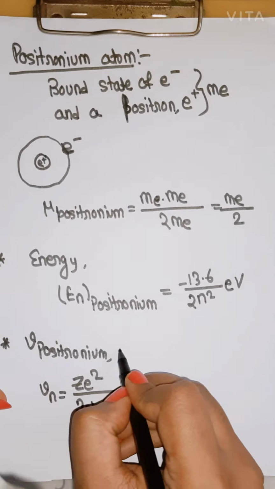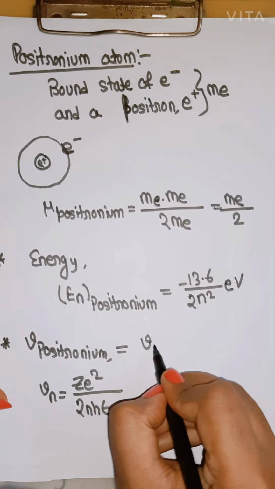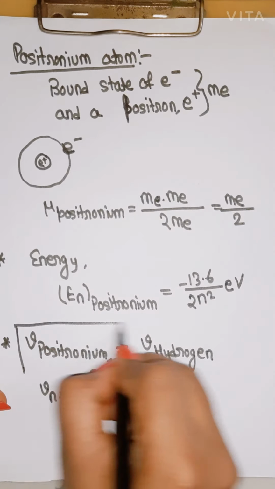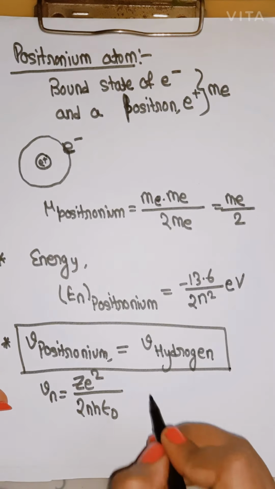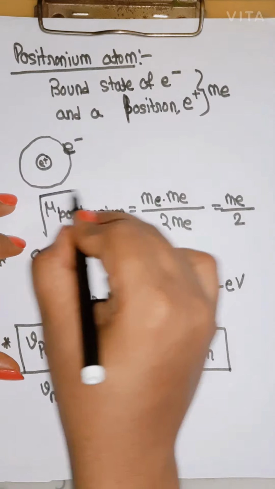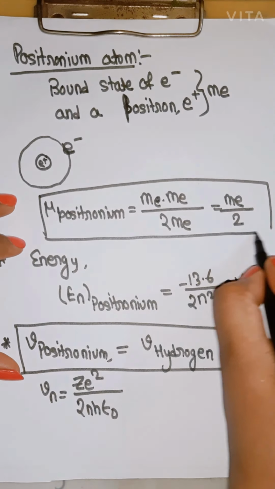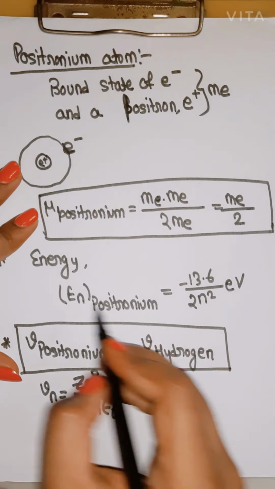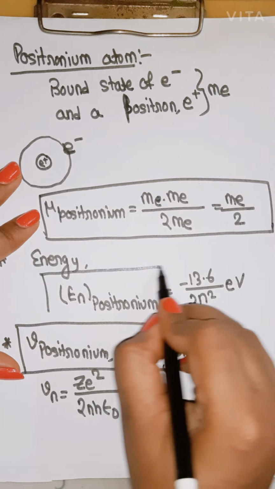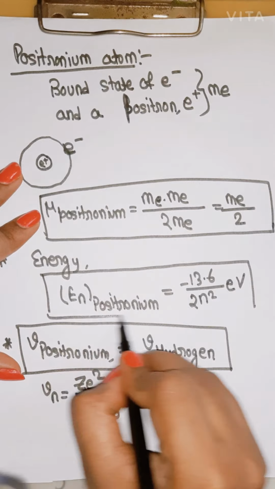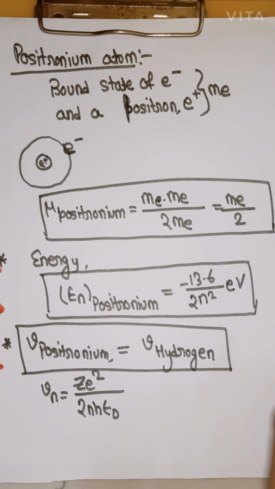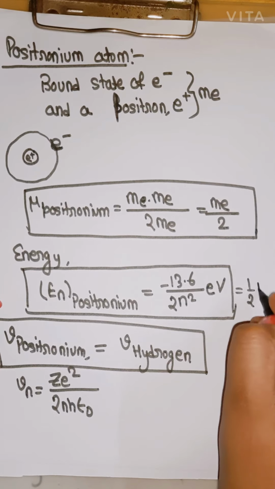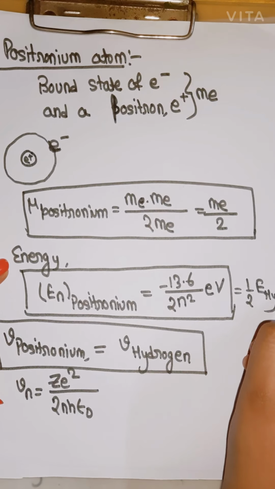So the velocity of the positronium will be the same as that of the hydrogen atom. Velocity same, mass will be equal to Me by 2, that is half of the mass of the electron, and energy will also be half of that of the hydrogen atom, therefore half of E hydrogen.